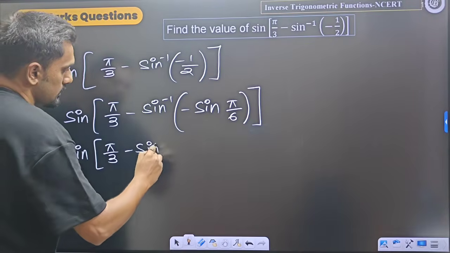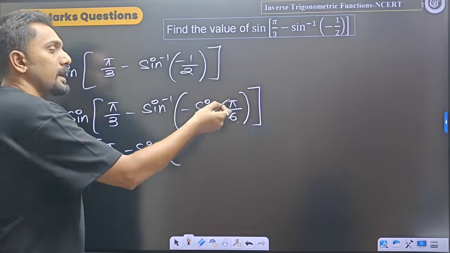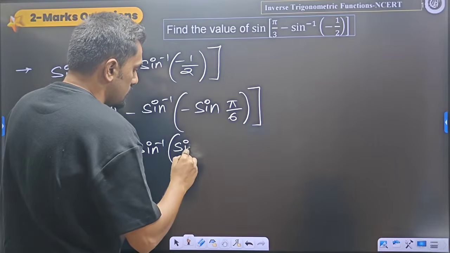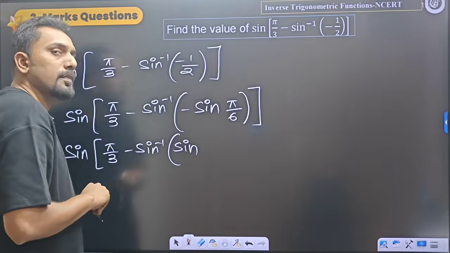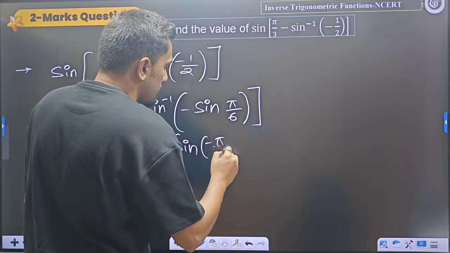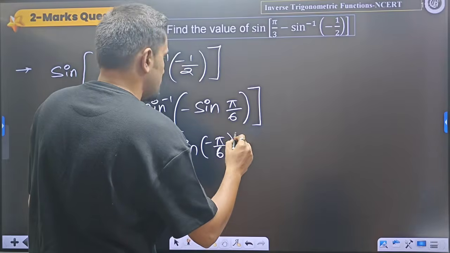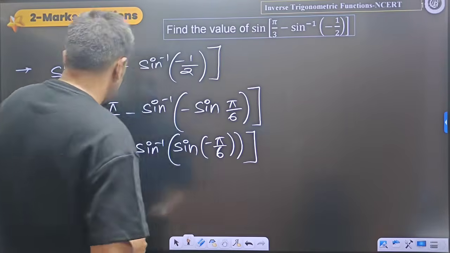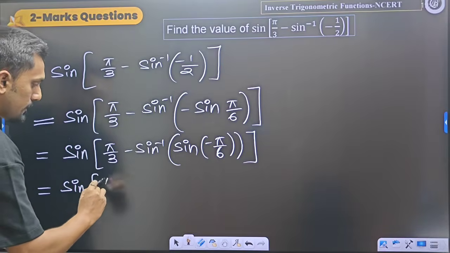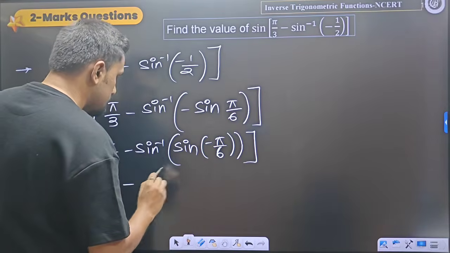Then sine inverse of, if I write this minus sine theta as sine of, how will you write sine of minus theta? Minus sine theta, right? Minus pi by 6. Then sine of pi by 3, so minus pi by 6.